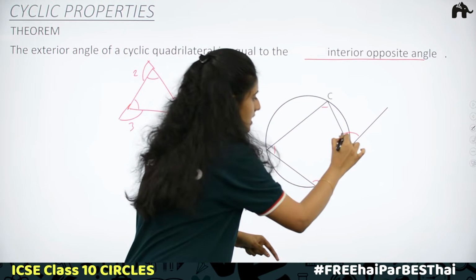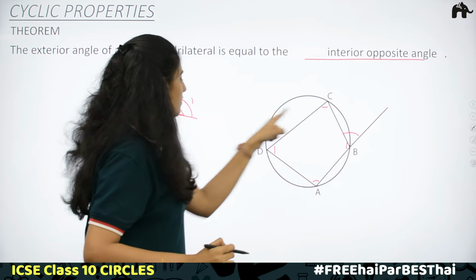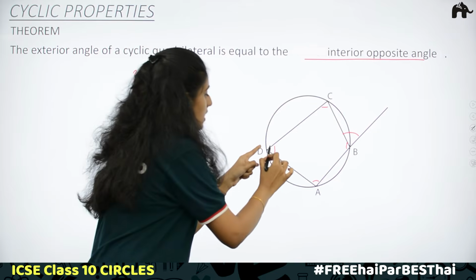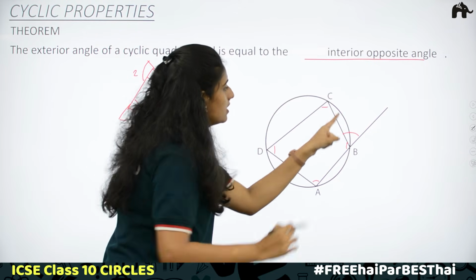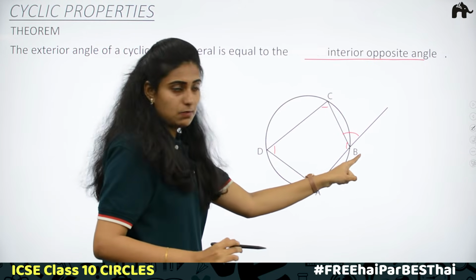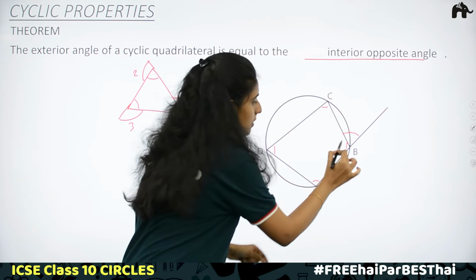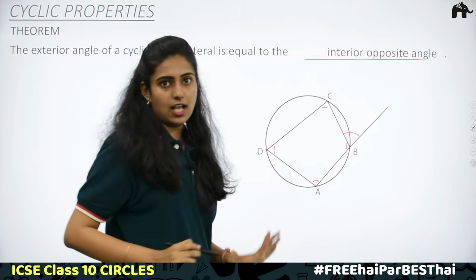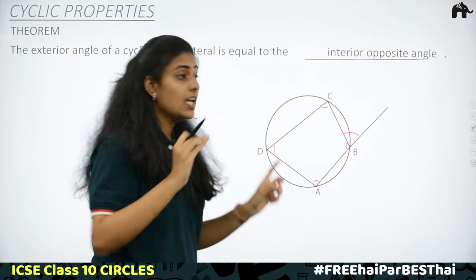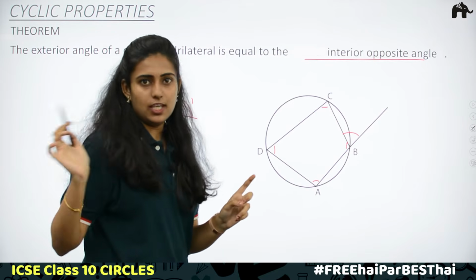This exterior angle is at B. Opposite to B, we have D. Yes, the relation between D and exterior angle B. So this is interior angle B and this is exterior angle B. There is a relation, which means both of these angles will be equal.